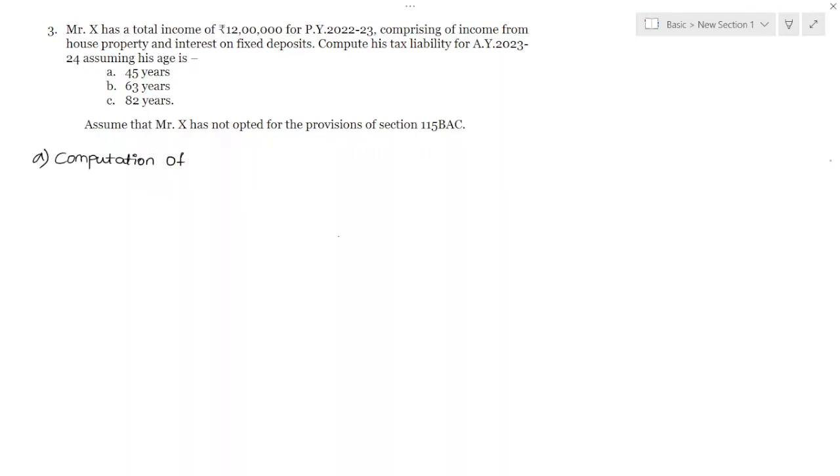Computation of tax liability of Mr. X, in bracket age 45 years, and second line we will write for the assessment year 2023-24.